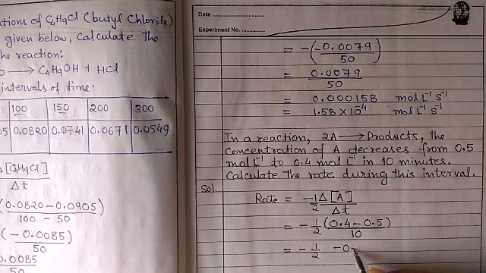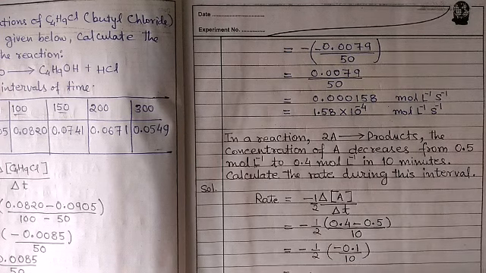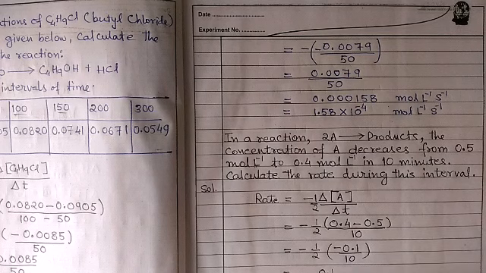minus 0.1. We have these values and we can rewrite this as the negatives will cancel out, and 2 can be multiplied to this 10. Now it can be rewritten as 0.1 divided by 20. Is it clear?